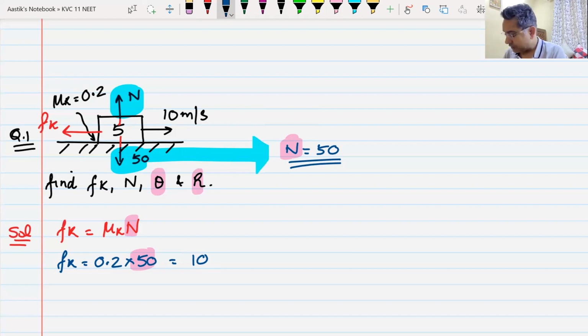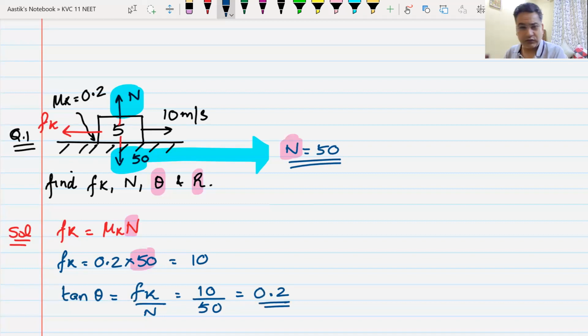Then you need to find out the value of theta. Theta is the angle of friction. You can find the value of tan theta in two ways. You can divide Fk by N, 10 by 50. You will get 0.2. Actually, you did not have to do that much.